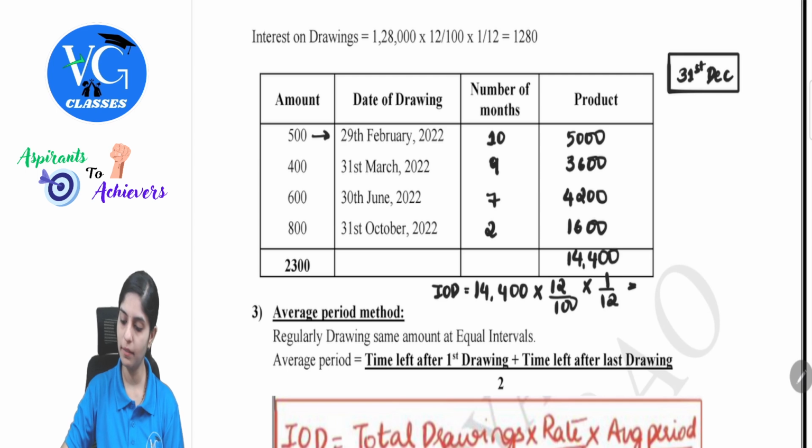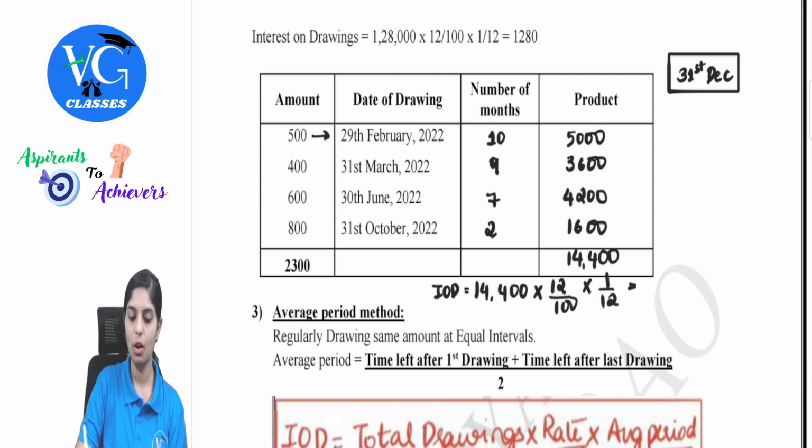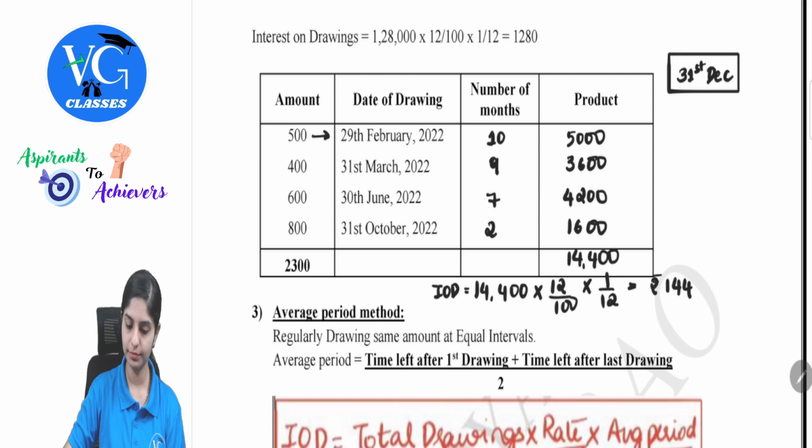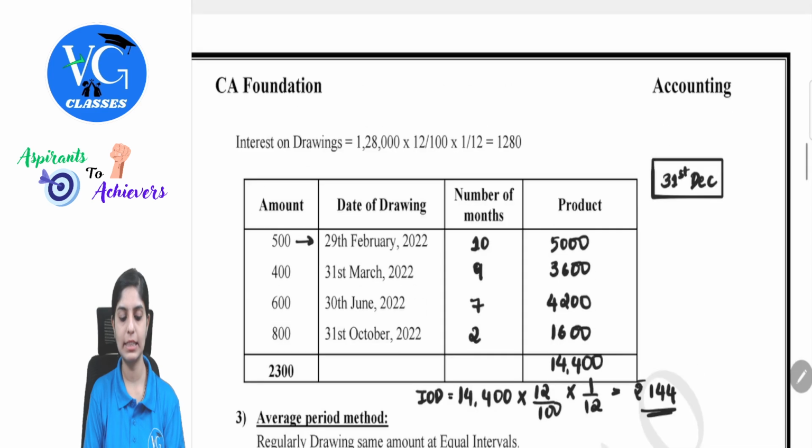So this will be 14,400 into 12% divided by 12, which is 144. 144 will be your interest on drawings under the product method. I hope this is clear.